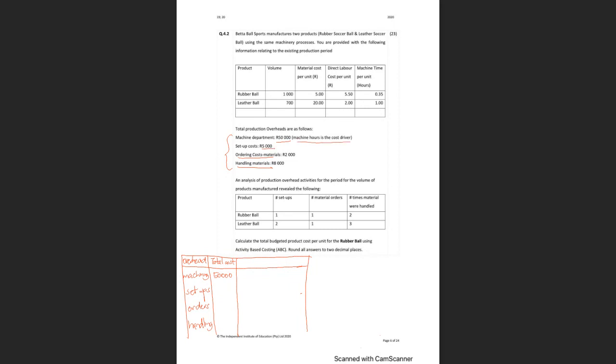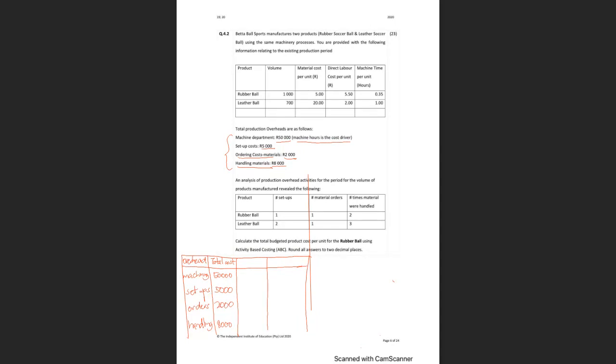Then 5,000 for setups, 2,000 for orders and 8,000 for handling. Once you have that, we can now determine the volume.